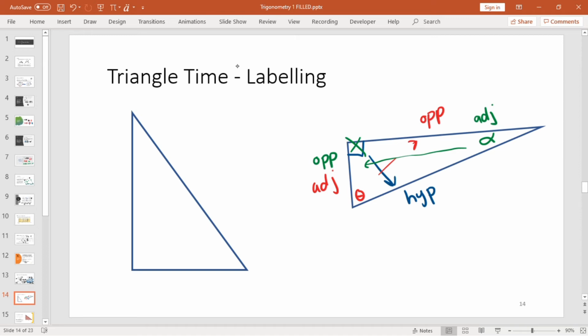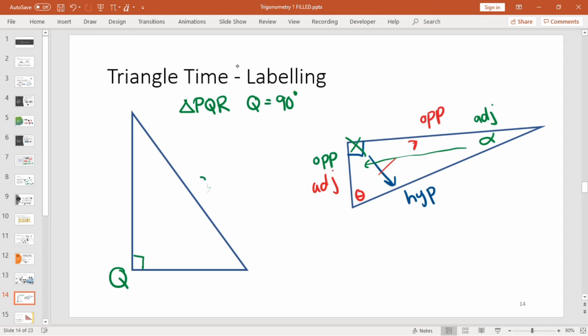Okay, the second way that you should remember to label a triangle is by its name. So say this triangle was triangle PQR, and I told you that Q is equal to 90 degrees. So that means I'm committing to this angle being Q. The side opposite the big letter angle is the lowercase side.